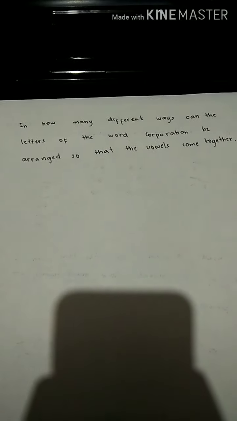Another problem. In how many different ways can the letters of the word CORPORATION be arranged so that the vowels come together? The word corporation has 11 letters. It has 5 vowels: O, O, A, I, O. These 5 vowels should always come together.